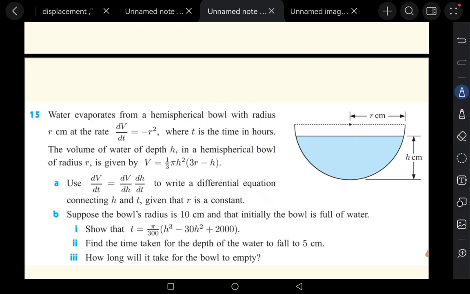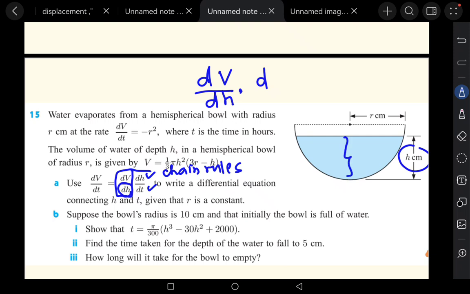Okay, this dv dh, and then you derive again this dh dt. That's we call chain rules. So you derive the biggest function volume v to the, let's say you do to the height, and the height you derive again. Derive the height, it means the height is changing.